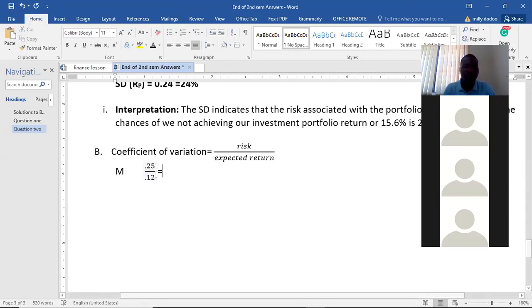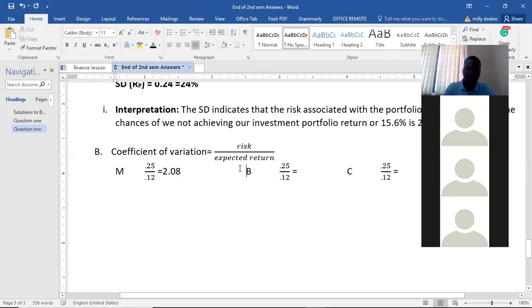So when you solve it, how much are you getting? Then do the same thing for B, then do the same thing for C. Investment M, you got how much? 2.083333.